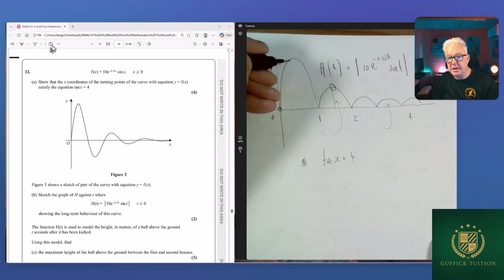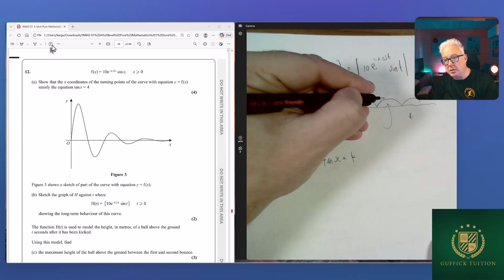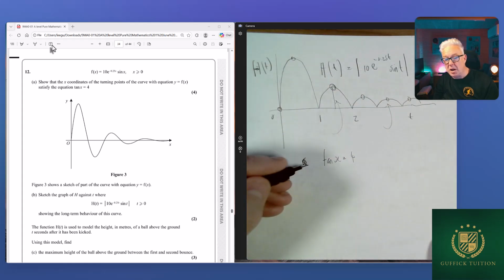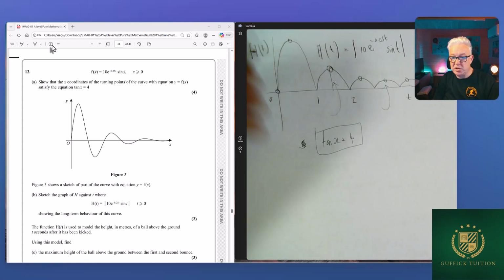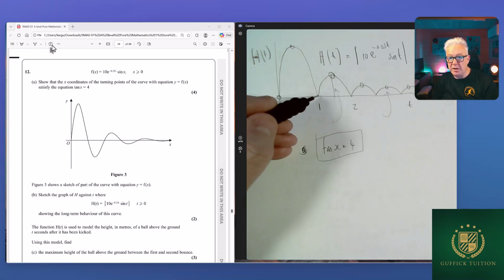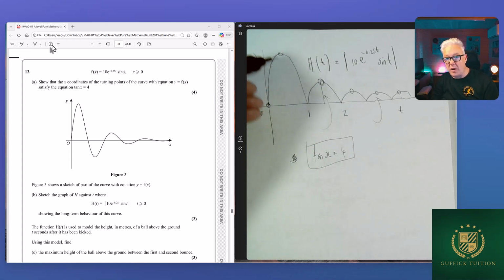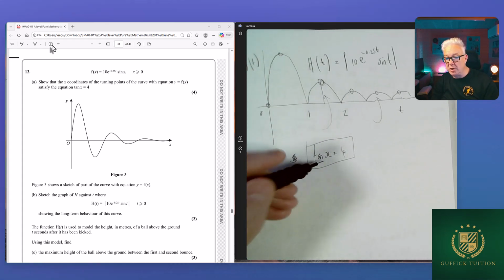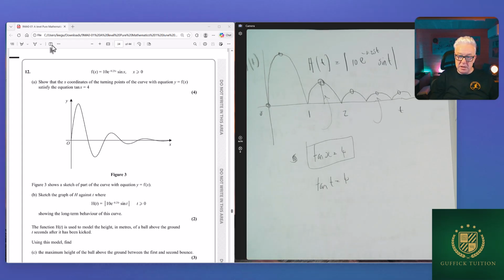So what that means is each one of these maximum points here is a solution to the equation tan t equals 4. Okay, because this is just like a rearranged version of that equation. So we can see that the maximum height in between the first and second bounces of the ball is going to equate to the second solution of tan t equals 4. Okay, so let's do that.